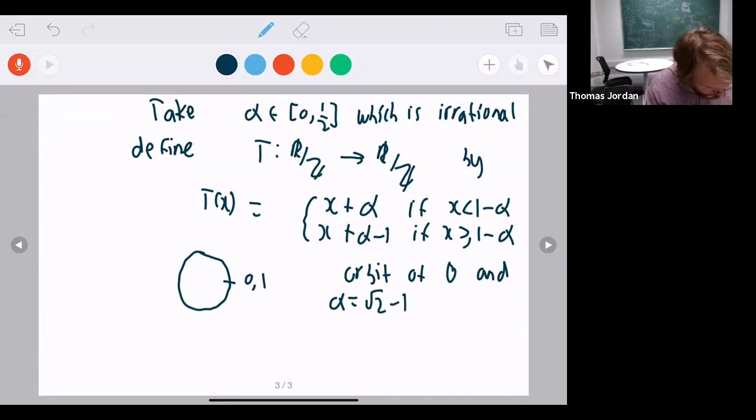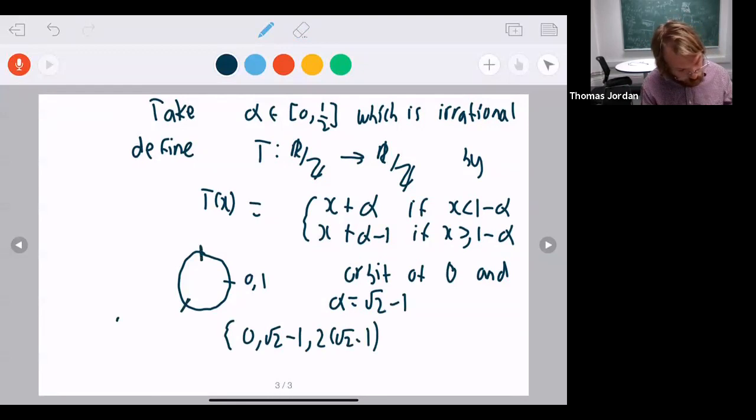Well, then we'd start with 0 as the first point, which would just be 0 itself. Then you'd rotate to root 2 minus 1. Then you'd rotate to 2 root 2 minus 1. So we'd be getting points, say, here, then round here.